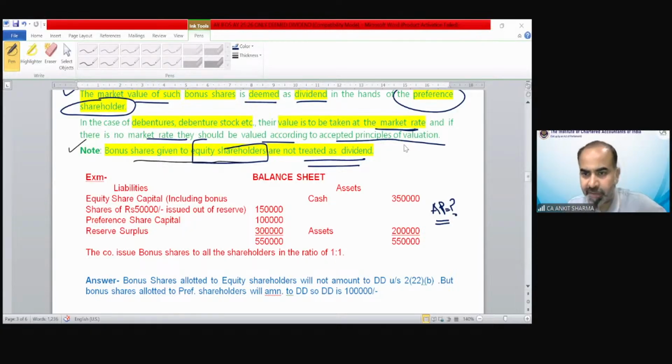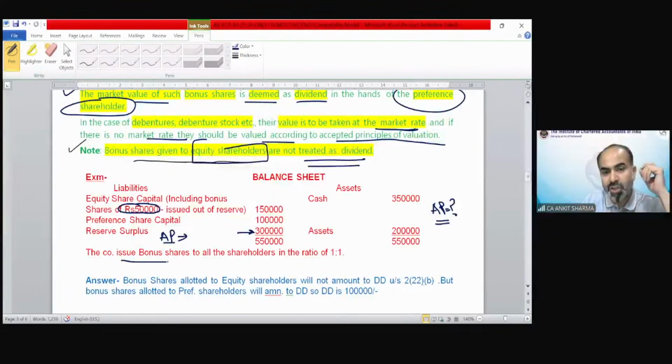Ishan is saying 3,50,000, Julie is saying 3,50,000, well done. Pooja is saying 3,50,000. Yes, definitely, it's correct. Because 3 lakh is my reserve and surplus, which has already been given, and 50,000 has been capitalized. So I have to include it for the purpose of accumulated profit.